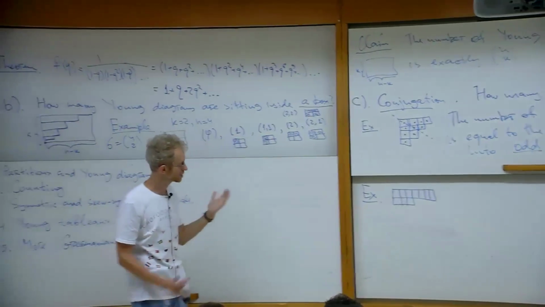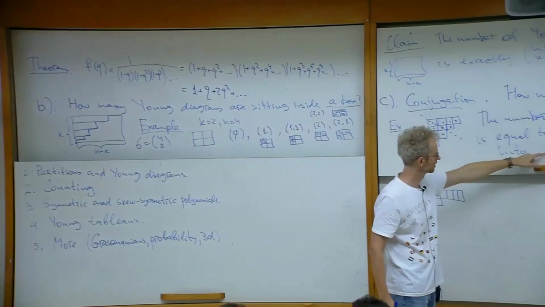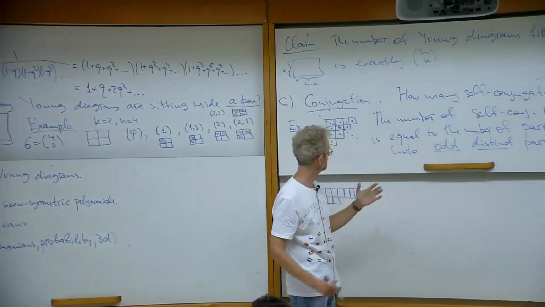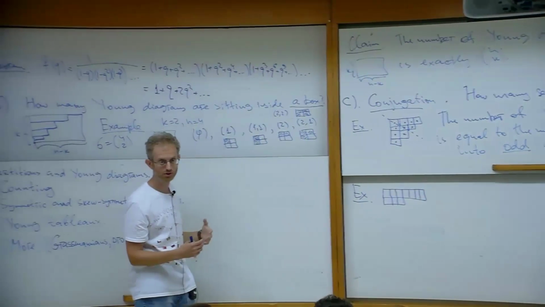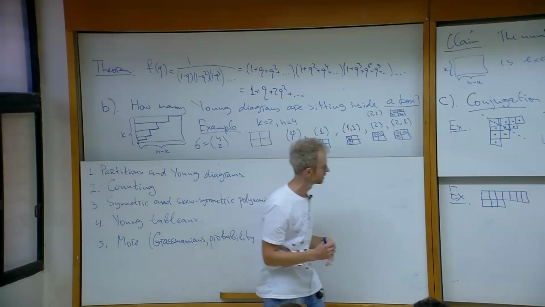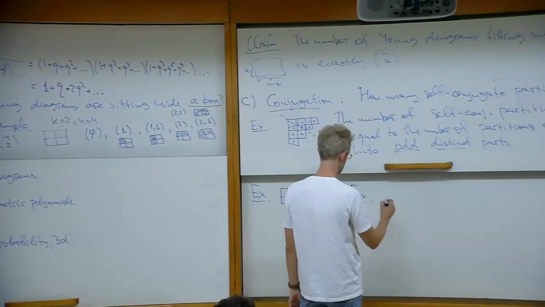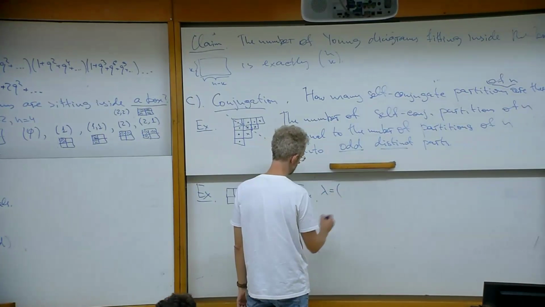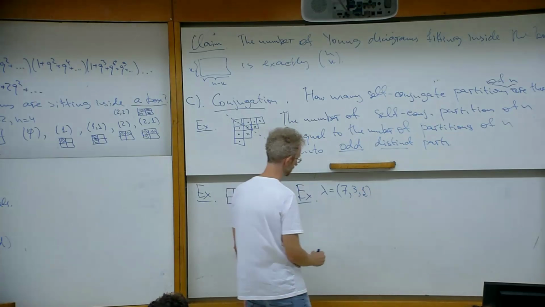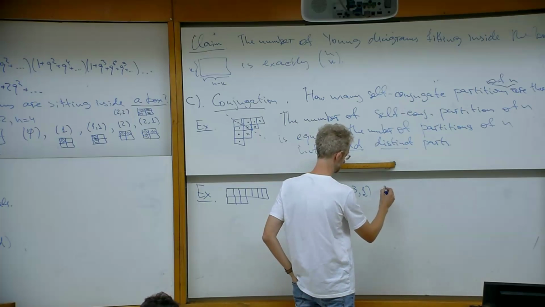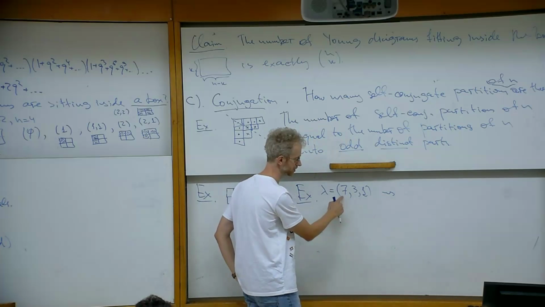Okay, and actually you can do vice versa. So if you start with the partition which has odd distinct parts, you can get your hooks back, and then you can convert it into a symmetric diagram. Okay, so maybe another example is if you start with, so let us take lambda, which is say 7, 3, 1, and then let's see. So how do we get a self-conjugate partition? So we start with the 7.